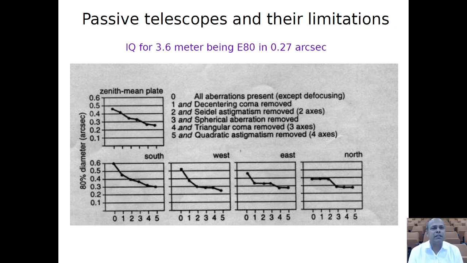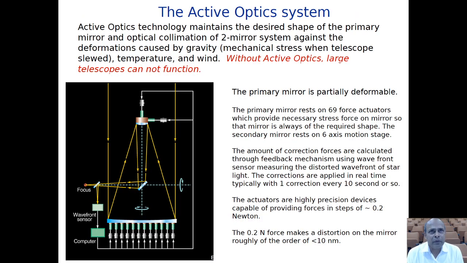Now coming to the active optics system. You can see a picture of a two mirror optical telescope. This is the primary mirror, which has a thickness to diameter ratio of roughly 1:22, so it is a very thin mirror, and this is the secondary hyperbolic mirror.